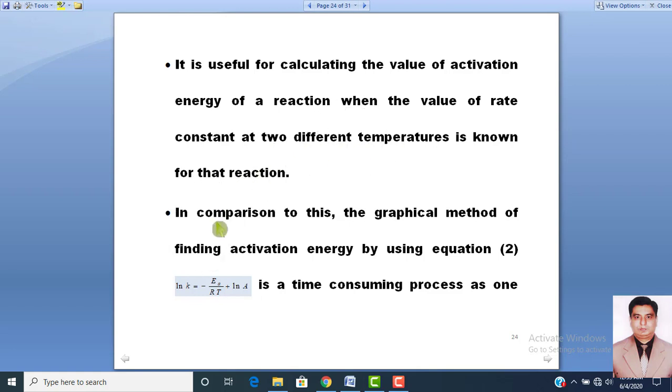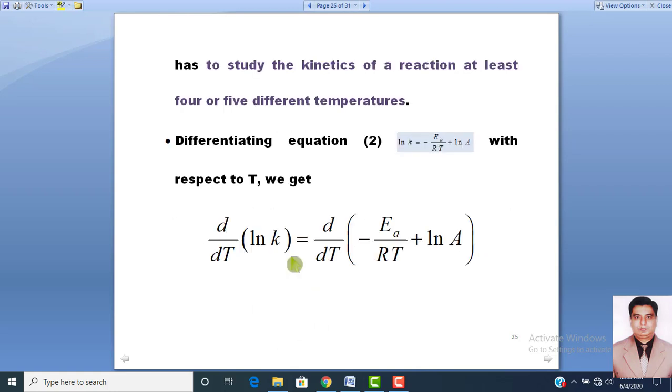And if you compare with the graphical method of finding the activation energy by using equation number 2, we can say that to study the kinetics of a reaction at least 4 different temperatures, this equation can be applied. How?